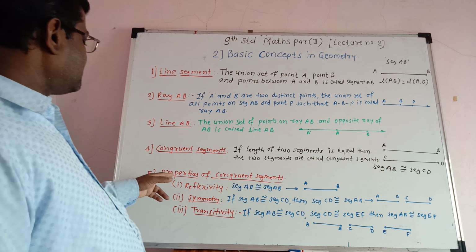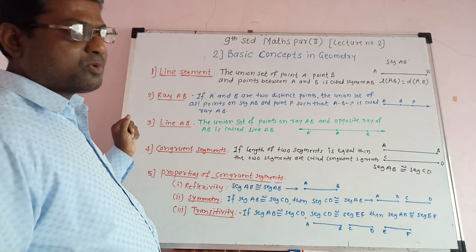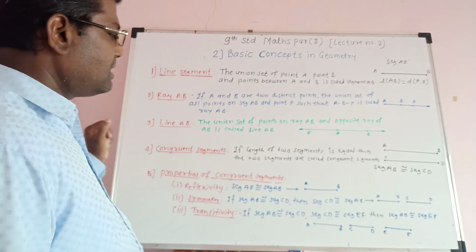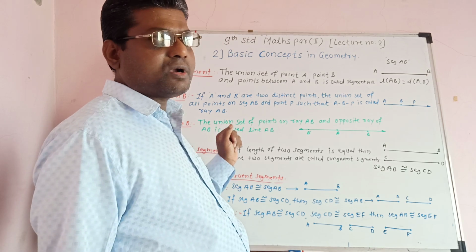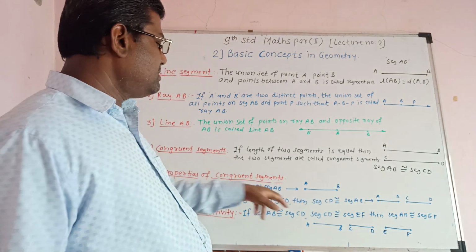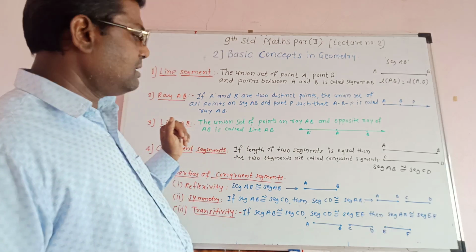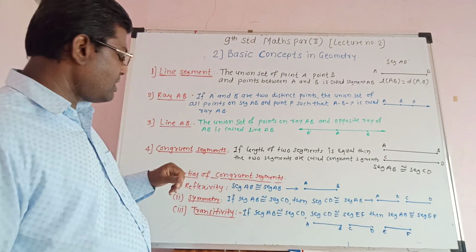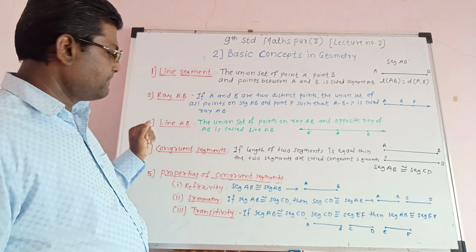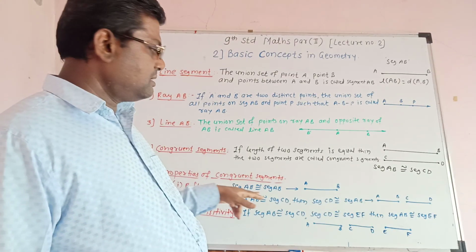And the next point is properties of congruent segments. Every segment is congruent to itself, meaning segment AB is congruent to segment AB. This property is called reflexivity. And then symmetry.